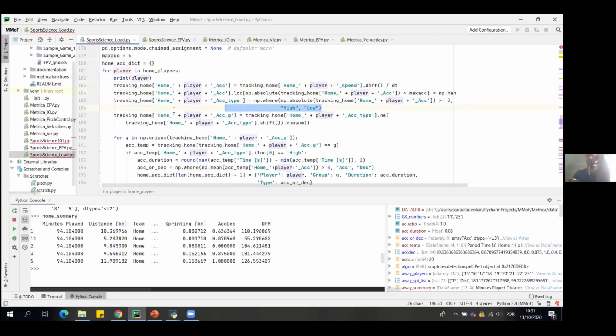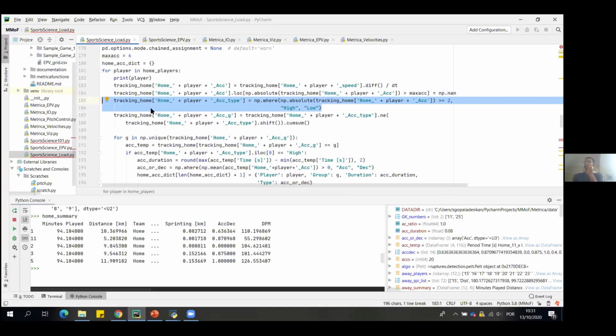And then I will segment out the different accelerations that I have based on high and low. If it was above plus or minus 2 meters per second squared or below plus or minus 2 meters per second squared. The 2 comes from a heuristic that's provided by our GPS provider, Catapult, that says anything above 2 is typically considered a high acceleration.